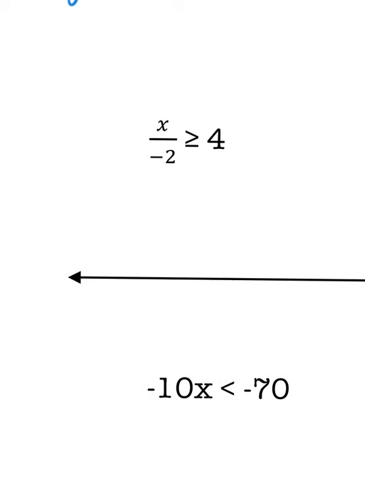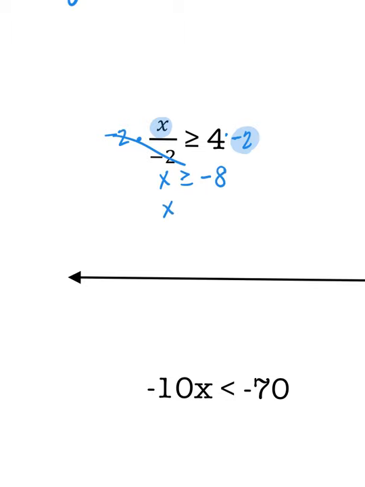Let's do one where we multiply, because we have to switch the sign there too. So to solve this to get x by itself, we're going to multiply both sides by negative 2. Multiply by negative 2. That cancels out. We have x is greater than or equal to negative 8. Since we multiplied by a negative, we have to switch the sign.